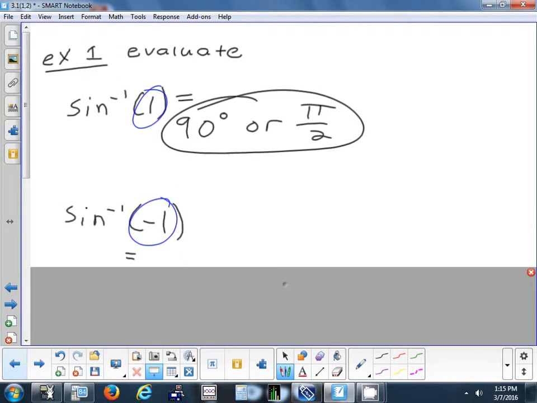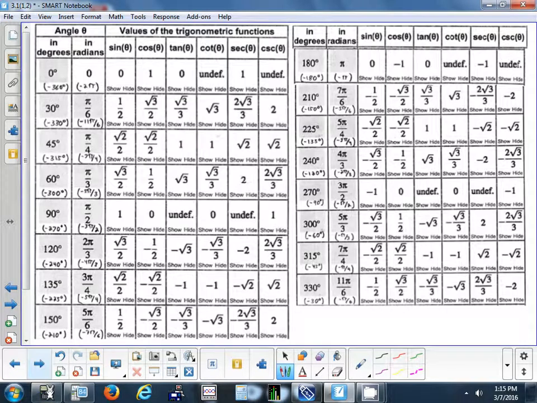Okay, next one is inverse sine of negative 1. Okay, where's the first time you see that? What angle? Okay, 270, which somebody said is the same as negative 90.